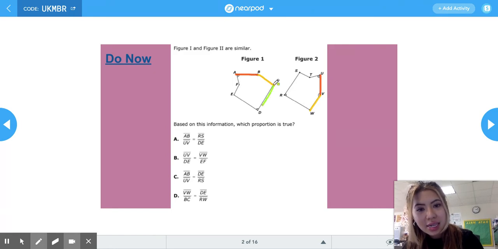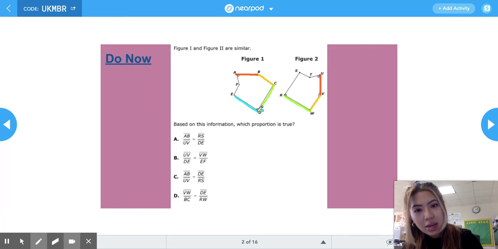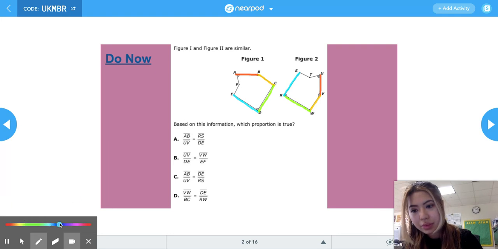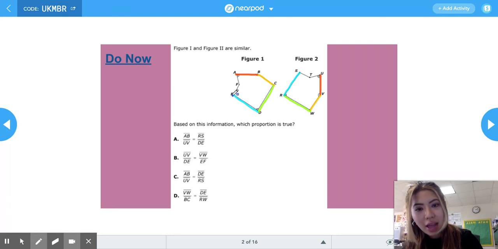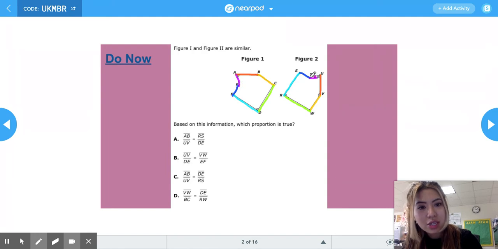Side CD corresponds to WR. Side DE corresponds to RS. Side EF corresponds to side ST. And side FA corresponds to TU.